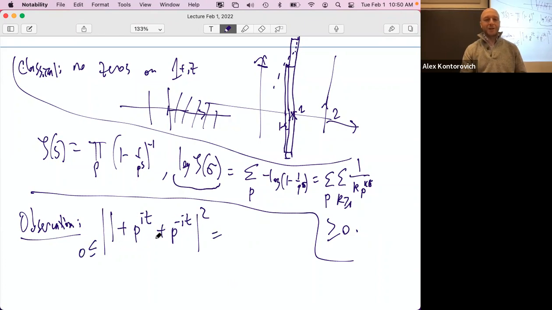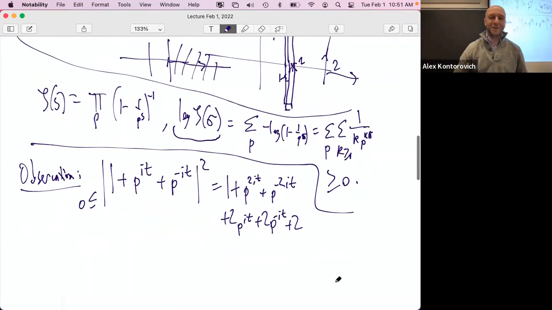It's already real, so it's the same as just squaring it, because we have complex conjugates here. So I have 1 squared. We'll do the diagonal terms: 1 squared, p to the 2it, p to the minus 2it, and then we have cross terms. We have this cross term plus 2p to the it, this cross term plus 2p to the minus it, and the other cross term, this times this, which is just 2. Okay, so that tells you what you need to look at.